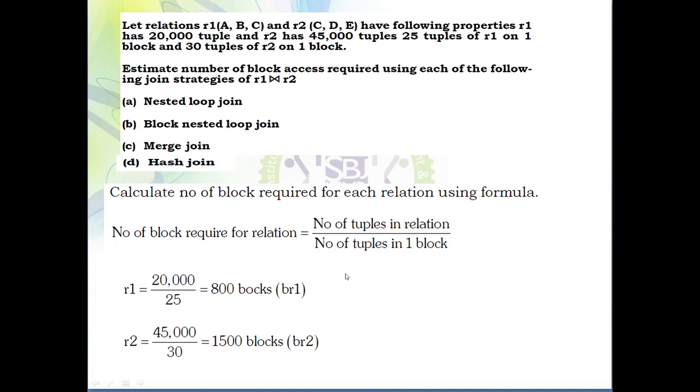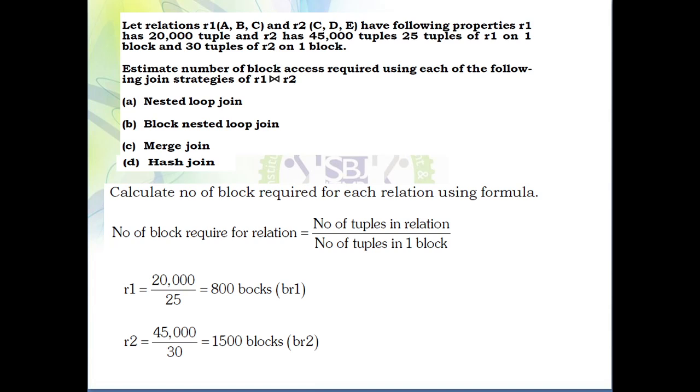Similarly, we will calculate the number of blocks for relation R2. In relation R2 we have been given 45,000 tuples and the capacity of one block is 30 tuples. So 45,000 divided by 30, you will get 1500 blocks. So for relation R2 you require 1500 blocks to store it on secondary memory.